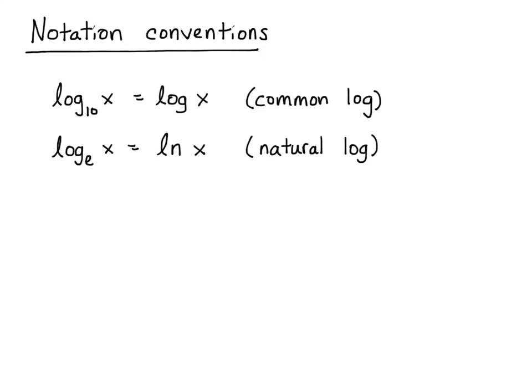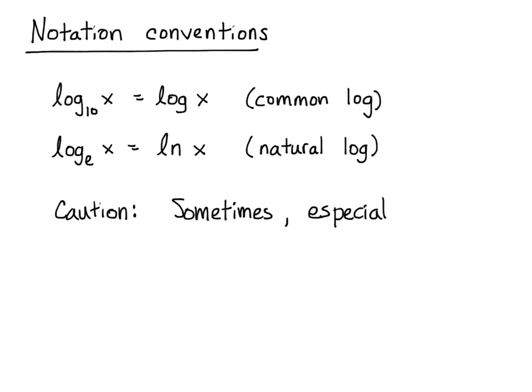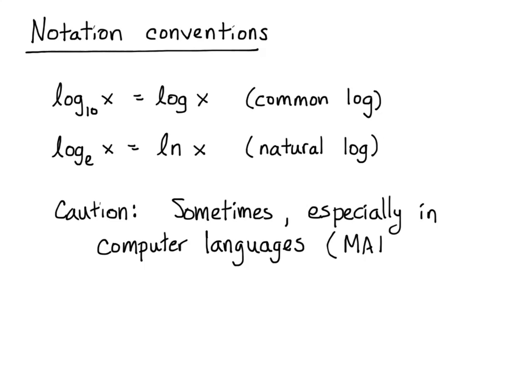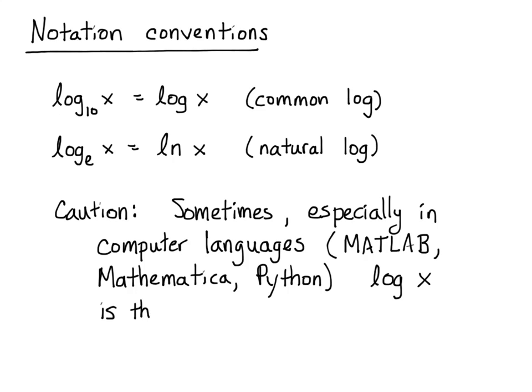In the pencil-and-paper mathematical world, it's almost universal: log and ln for the natural log. In computers, though, you have to be really careful and very clear about what log you're meaning.